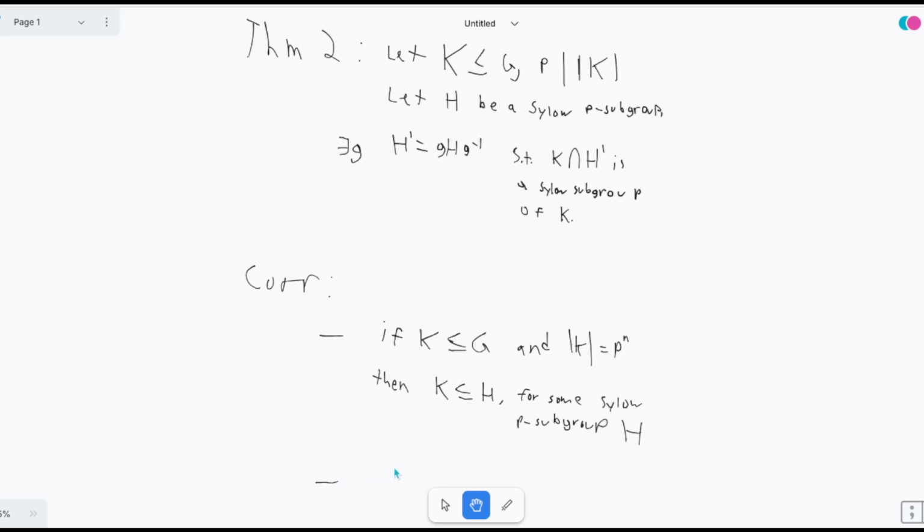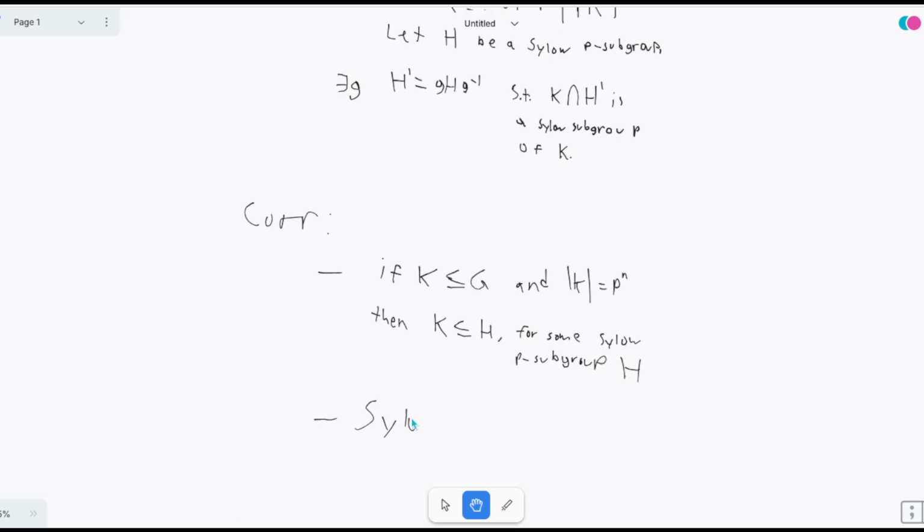And also, and this one's important, another corollary is the Sylow p subgroups of G are all conjugate.